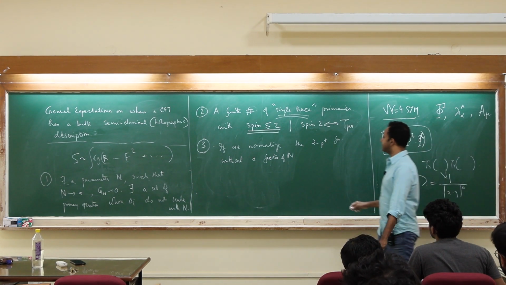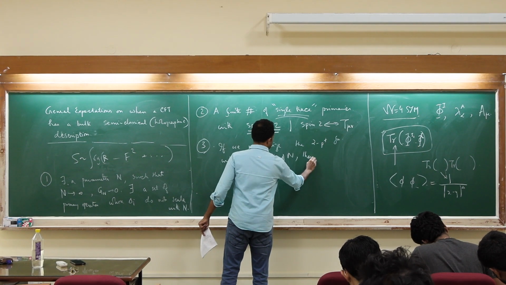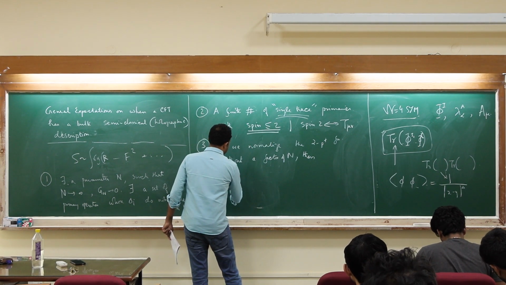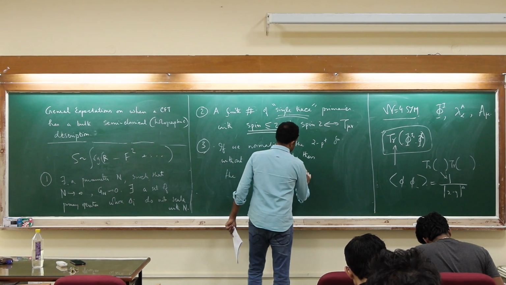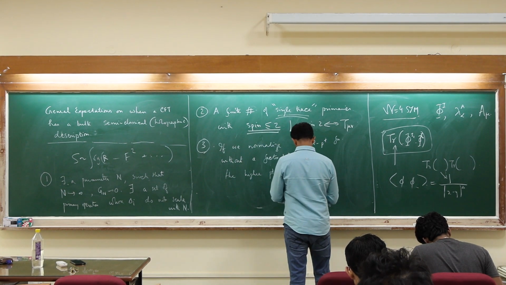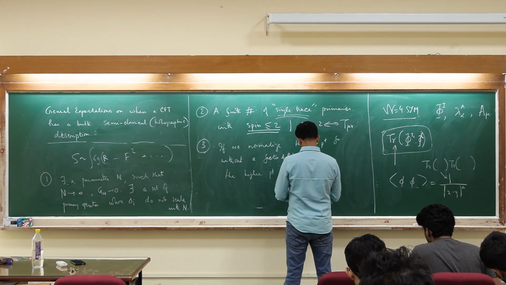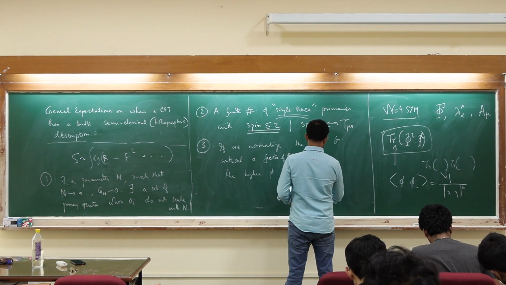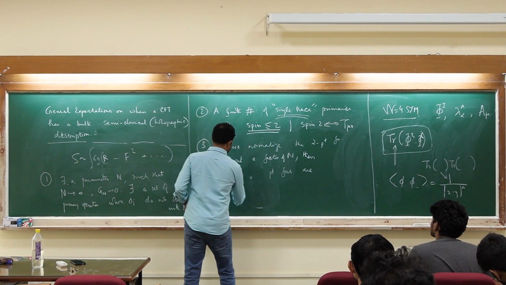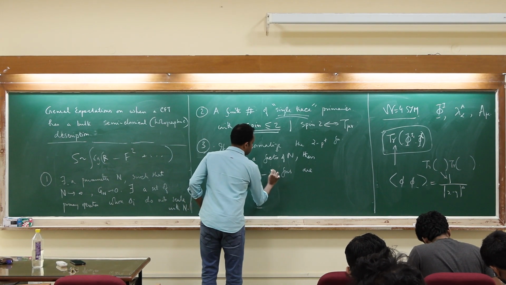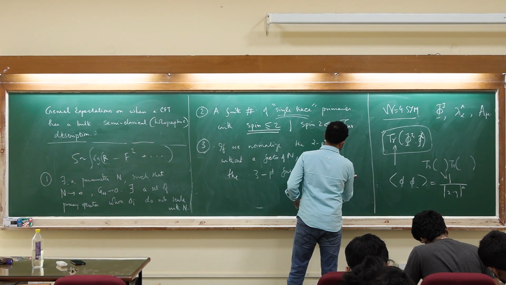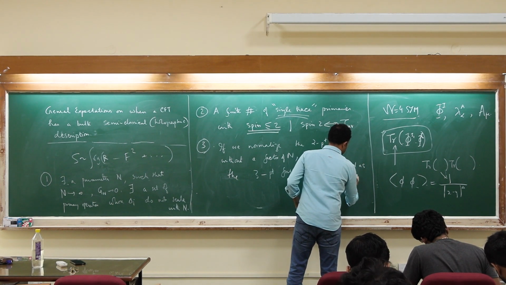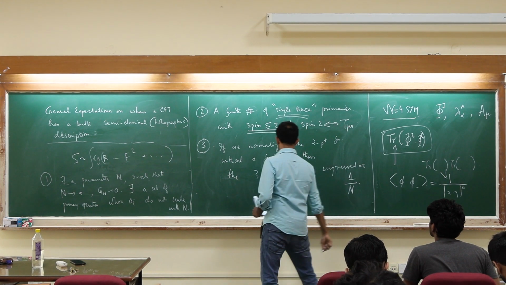If you choose it to be that, then the higher point functions are suppressed. Well, maybe I should say, then the 3-point function is suppressed as 1 over N. Okay?